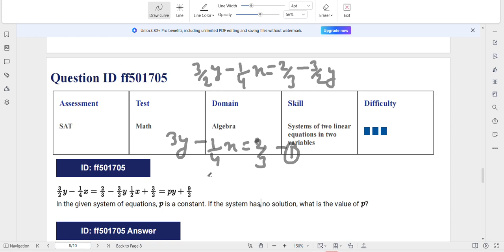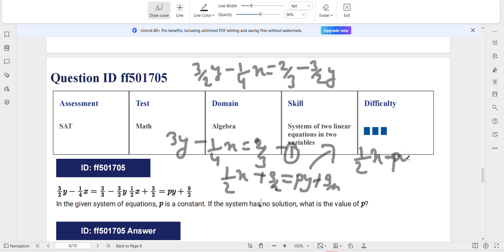Equation 2 is 1/2 x plus 3/2 equals py plus 9/2. If we arrange equation 2, it becomes 1/2 x minus py, and I take the constants to the other side. We don't have to worry about the constant in this equation.